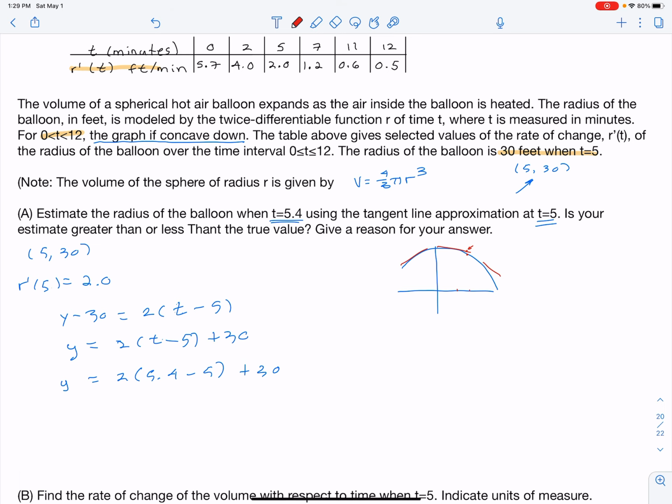So what am I going to say here? I'm going to say, it would be nice to kind of clean this up a little bit, but I will say the value we found is an overestimate.